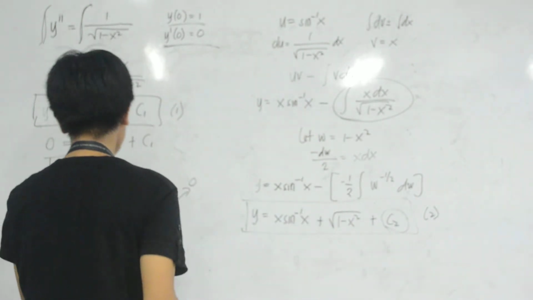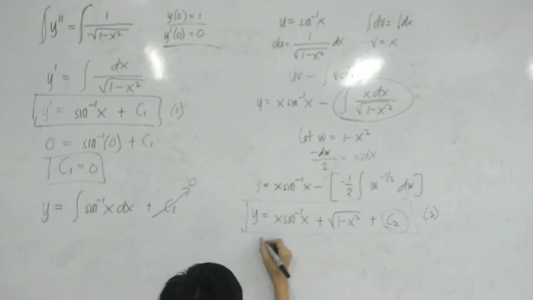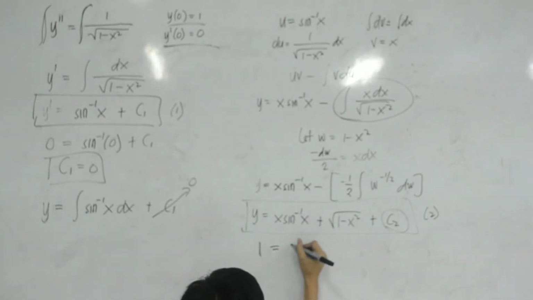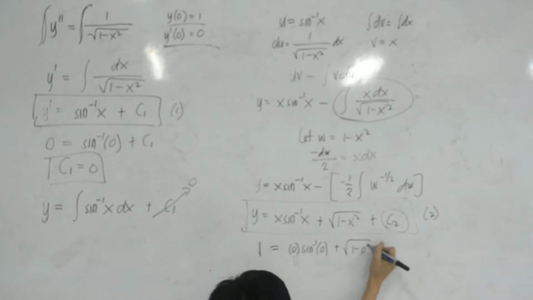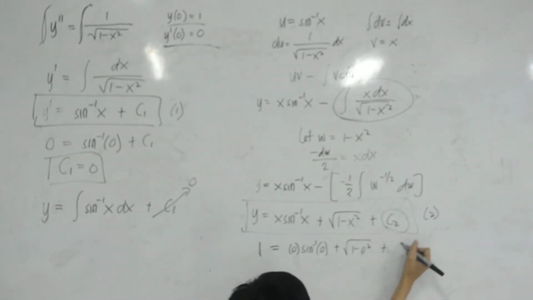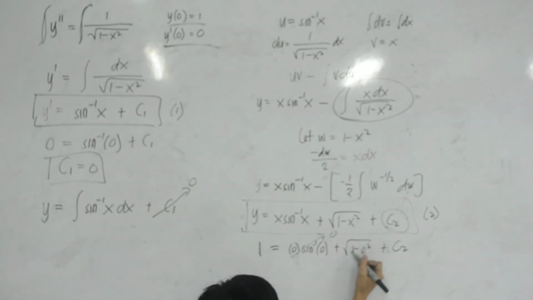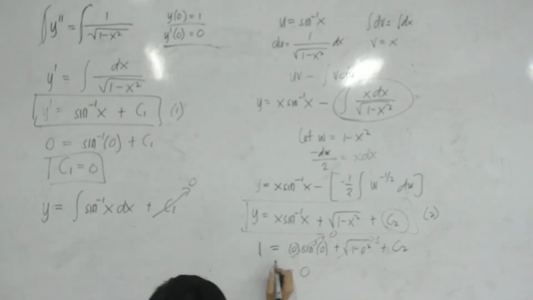So by substitution again, 1 is equal to 0 times sine inverse 0 plus the square root of 1 minus 0 squared plus c2. So this is 0, this is 1. So our c2 here is equal to 0.